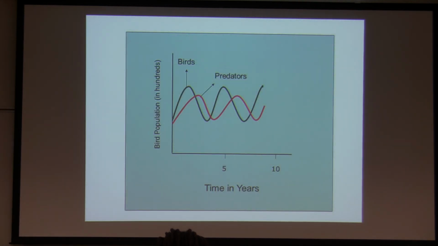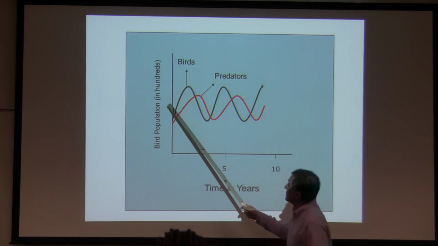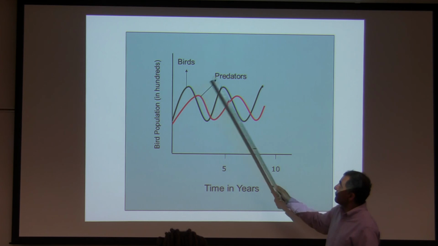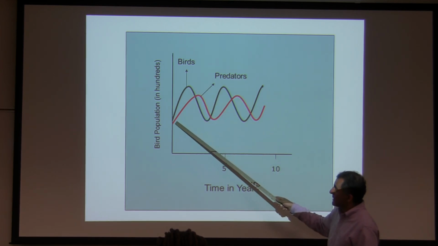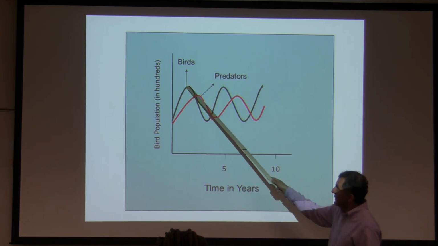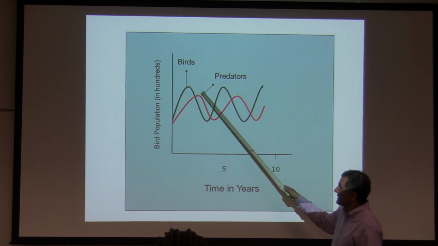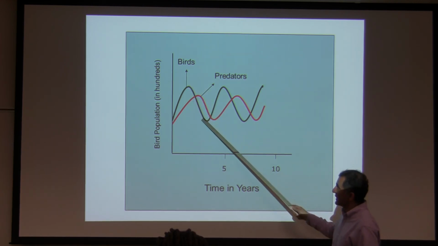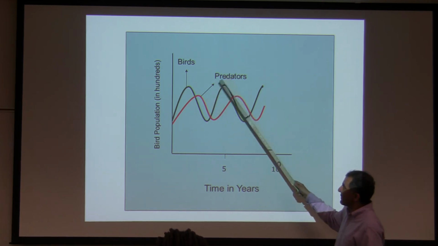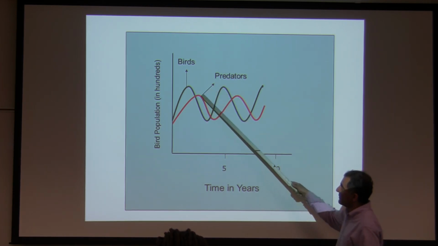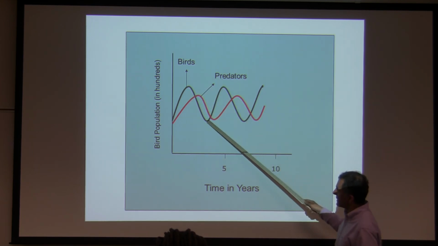Here is population ecology. The number of the birds increases, so they are the food for the predators, and the predators start eating them. So then the population of the predators increases, and the population of the birds decreases. Lack of food for predators causes the population of the predators to die off.